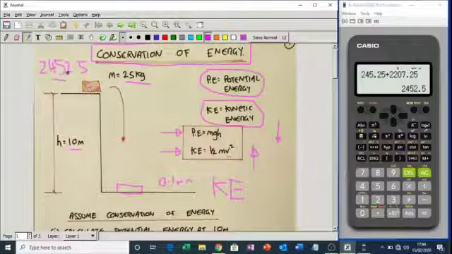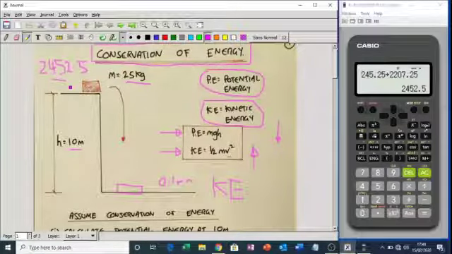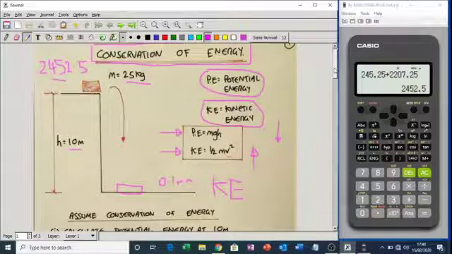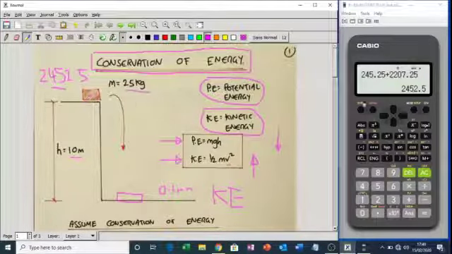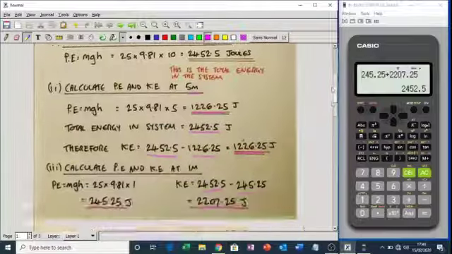So the 2452.5, the kinetic energy at that point, is going to be this. Just a very small distance, height. Obviously there will be a small PE, but for this case we'll assume all the energy is now converted to KE.